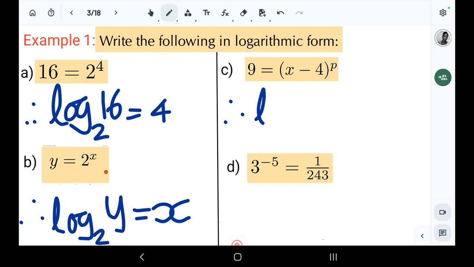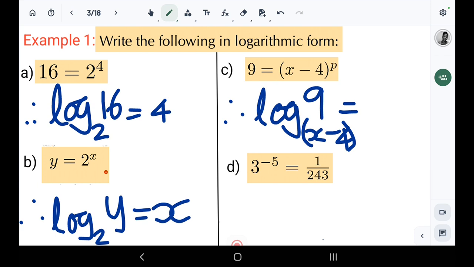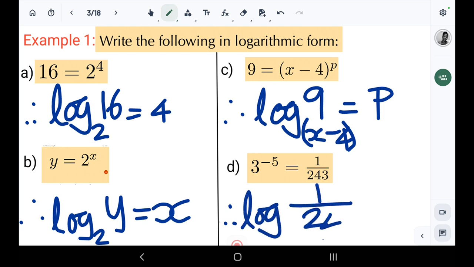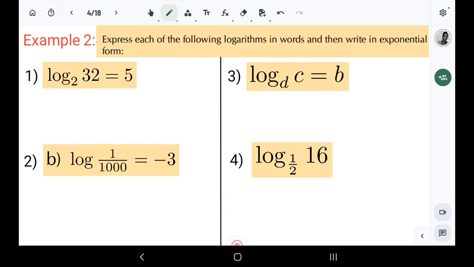Therefore, the logarithm of the number 9 to the base (x minus 4), that whole thing is a base, is equal to the exponent or index p. Number D: the logarithm of the number 1 over 243 to the base 3 is equal to the exponent negative 5. And that is in a nutshell how you convert from exponential format to logarithmic format. Easy peasy so far. Let's move on.